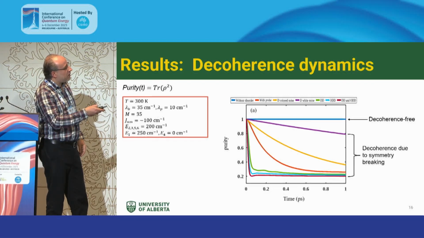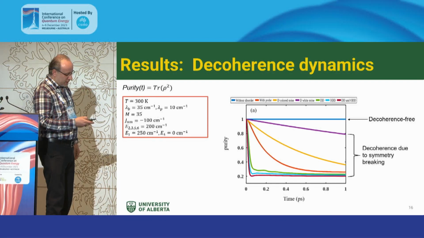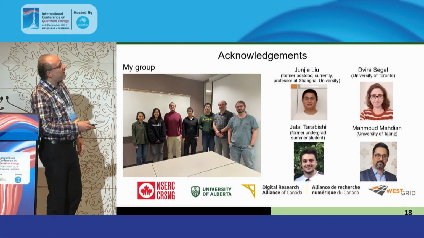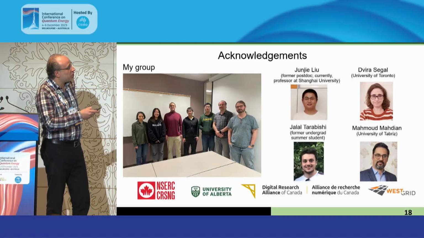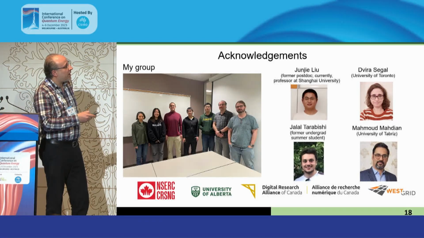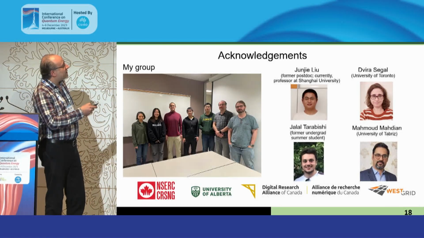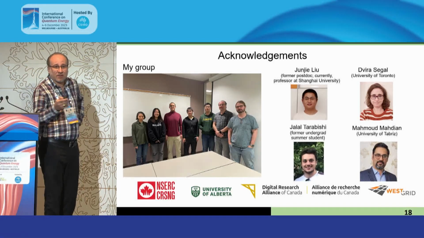As you increase the symmetry breaking, you see that the decoherence increases. That's the summary, and I'd like to end by thanking those involved in the work: my former postdoc Junji, who started this work; Gabriel Hanna from the University of Toronto, with whom we also collaborated; and Zahre here, my current PhD student, who did all the symmetry breaking work. Thank you for your attention.